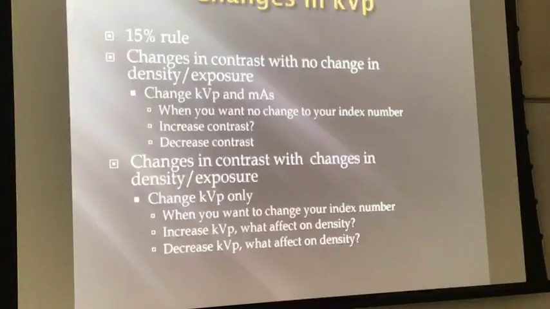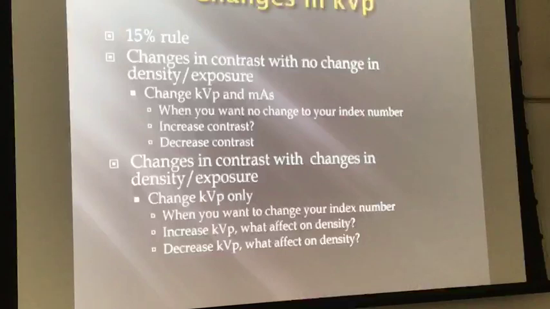So when do we use the 15% rule? If you want to keep the same exposure. When you want to keep the same exposure, you change kVp, and in the opposite direction, you change your mass to compensate for the change in kVp. So you want to change your scale of contrast, but you want to leave the exposure essentially the same, right? Remember, density and exposure are essentially the same thing.